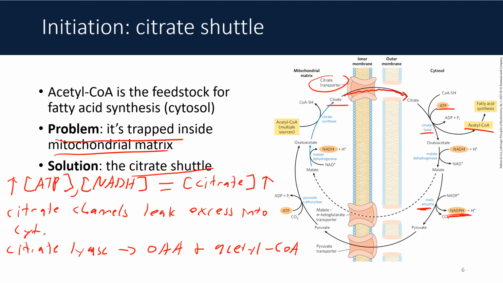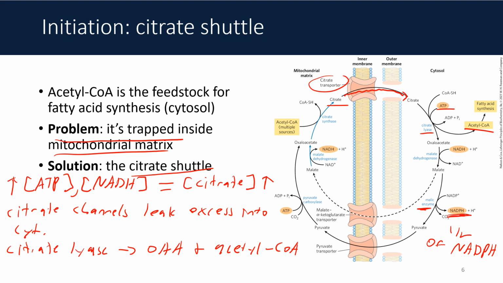Remember how we need NADPH to do fatty acid synthesis? This is where half of the NADPH needed comes from. The other half we get from other chemistry that occurs in this cell.